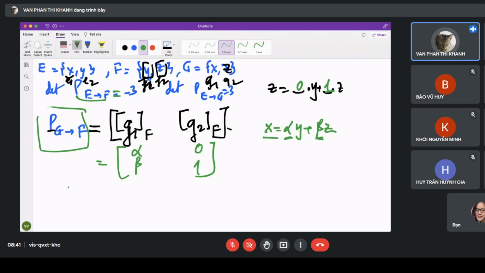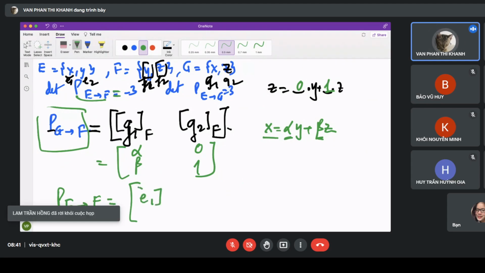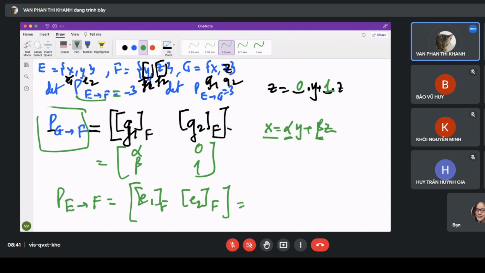P from E to F means that in this position we have the coordinates of E1 in F and the coordinates of E2 in F. E1 in F means that you represent X as a linear combination of Y and Z, so it's alpha and beta. And E2 in F, E2 here is Y, and Y equals 1 times Y plus 0 times Z, so 1, 0. Got it?